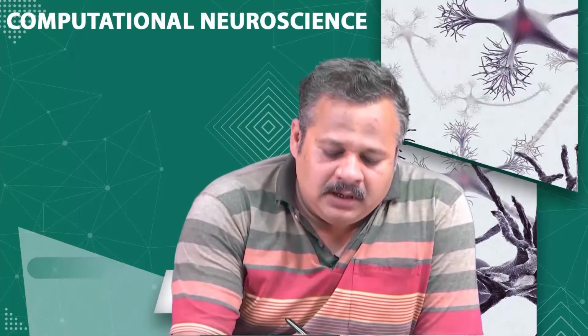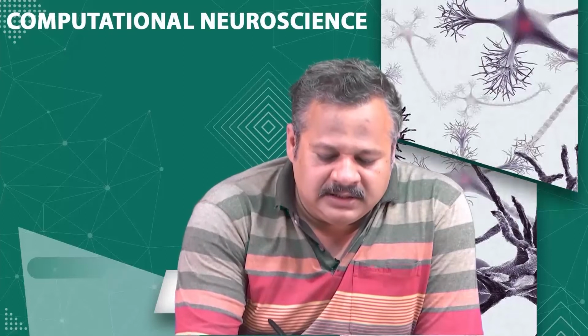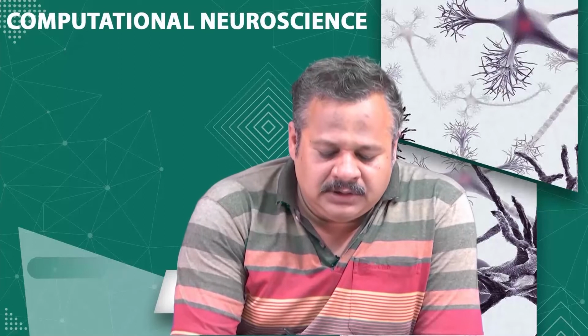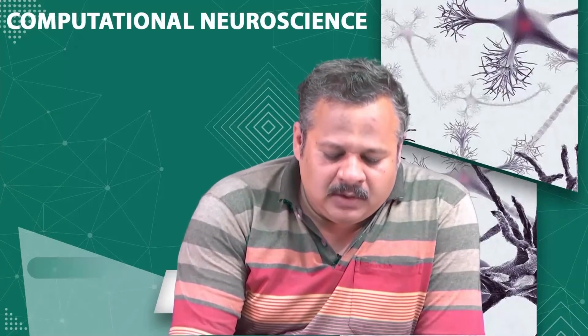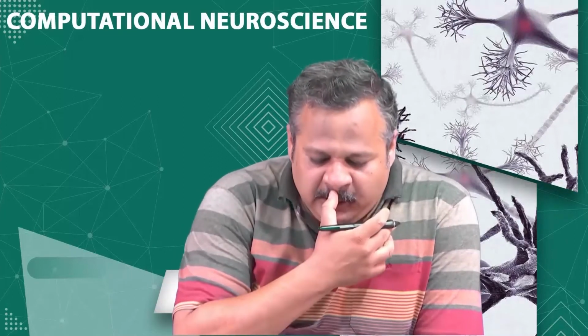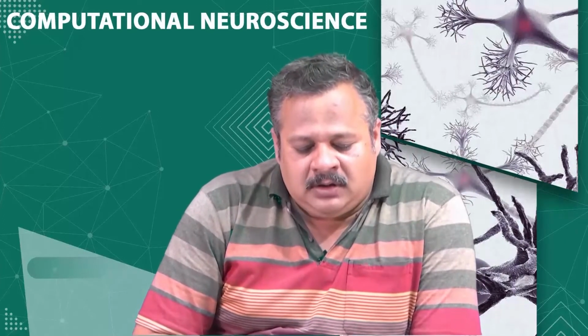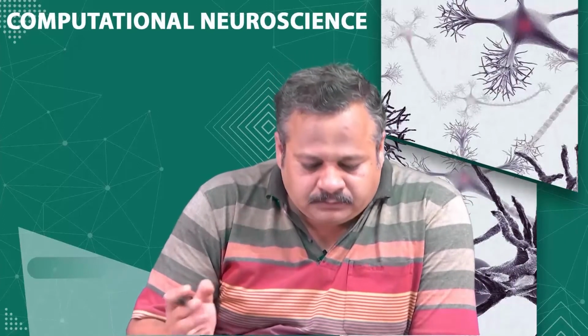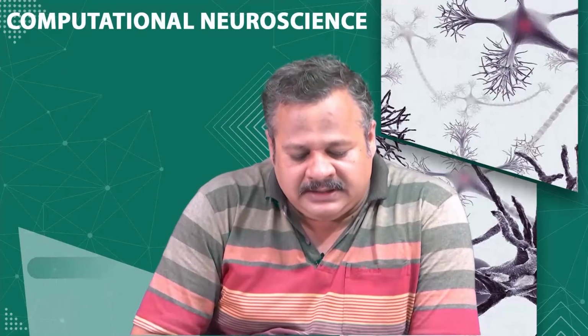So, if we remind ourselves what KL distance is, let us say P is one distribution on a particular space, and Q is another distribution on the same space. Let us say X is the random variable and it takes on many possible values, little x.